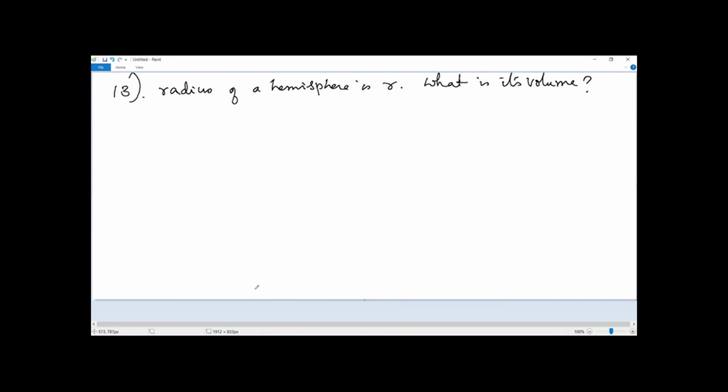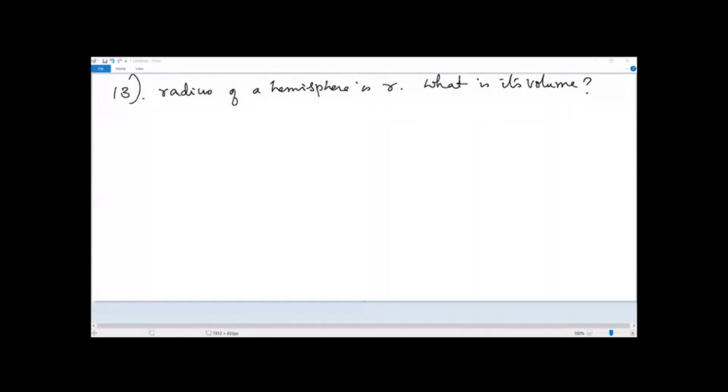Not able to answer. Sanjana? What happened? Sahana has written 2 by 3 pi R cube. Sanjana, she has raised her hand. Hello, ma'am. Tell me. 2 by 3 pi R cube. Is it correct?